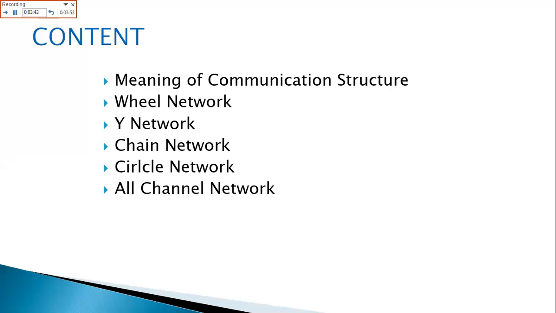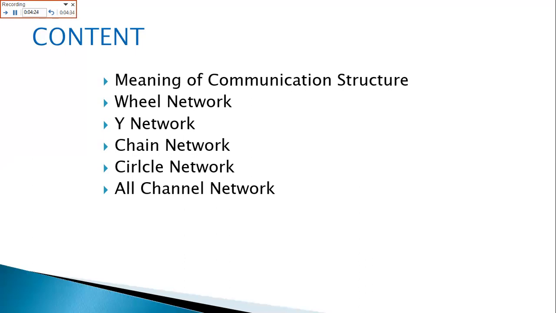First we see wheel network. It is a pattern of communication network in which a single person as pivotal supplies message of other members.